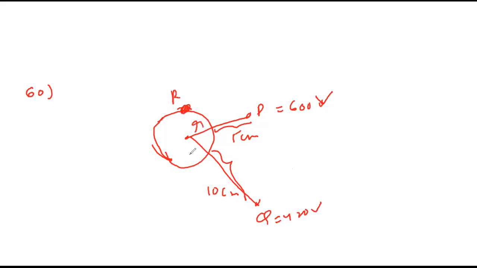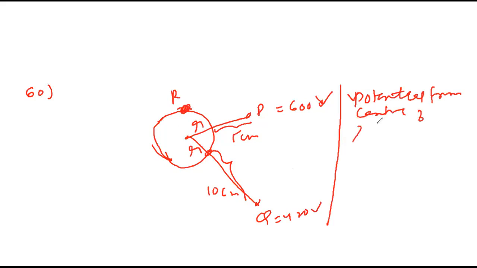So if this is radius r, potential from the center of a sphere is given by 1 upon 4 pi epsilon q upon r, from the center.